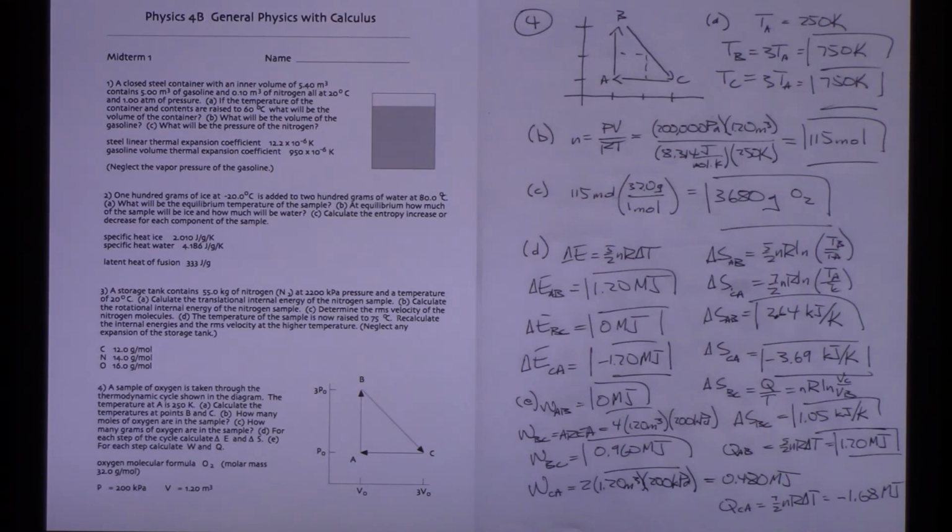So adding up all the work, it looks like the work overall was 0.480 megajoules. We did get net work out of our heat engine, which is what should be happening for a heat engine. Let's see.